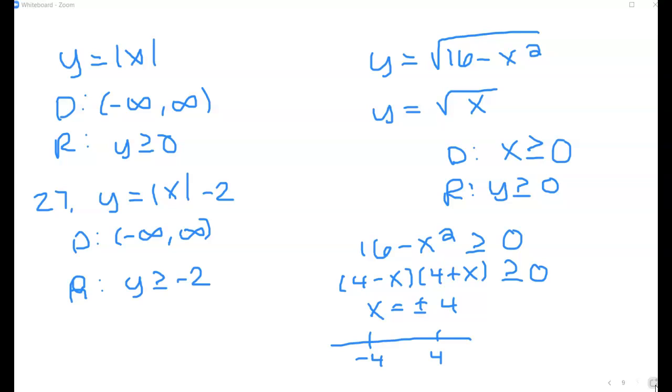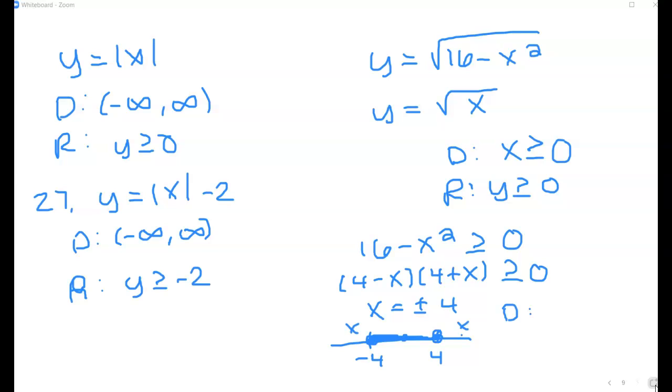So if you plugged in 0, 16 minus 0 squared is 16. 16 is in fact greater than or equal to 0. So that means it's true in between. If you plugged in 5, 5 squared is 25. 16 minus 25 is negative. So it's false.